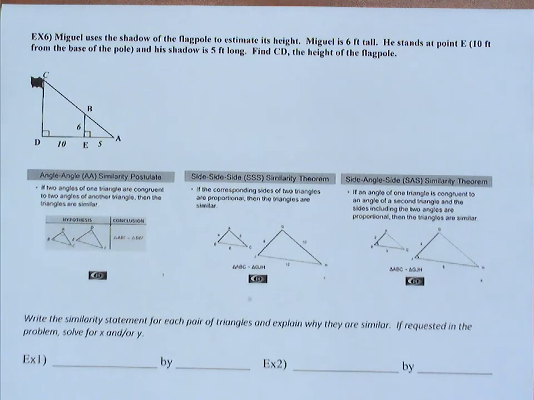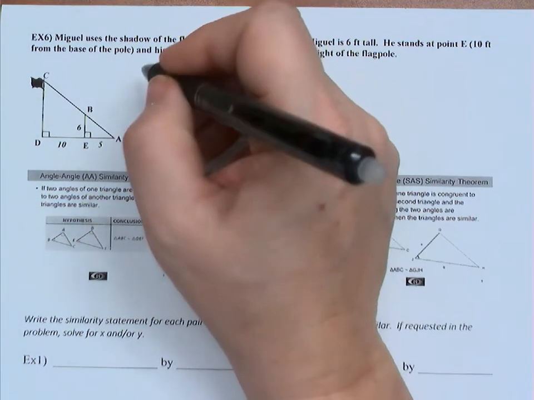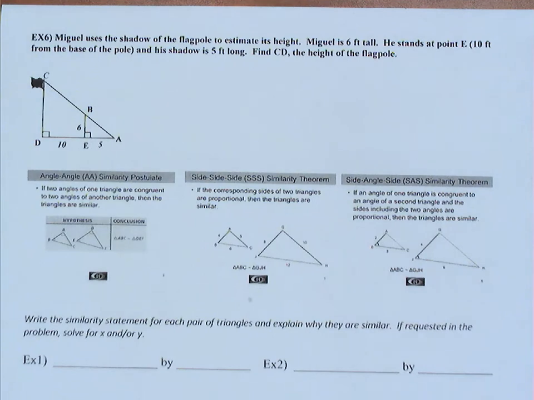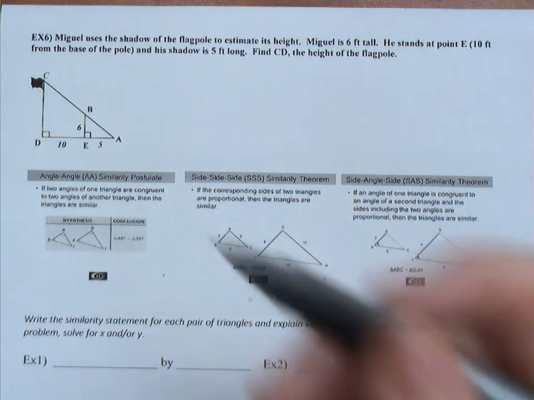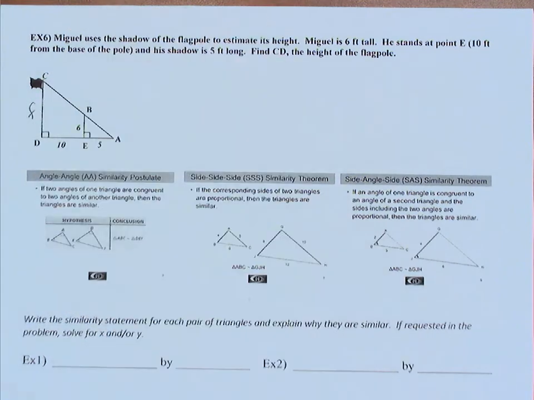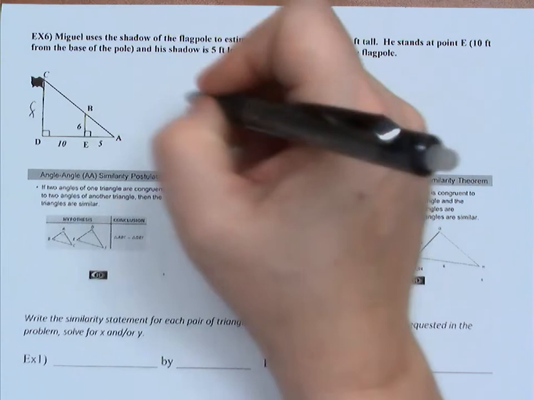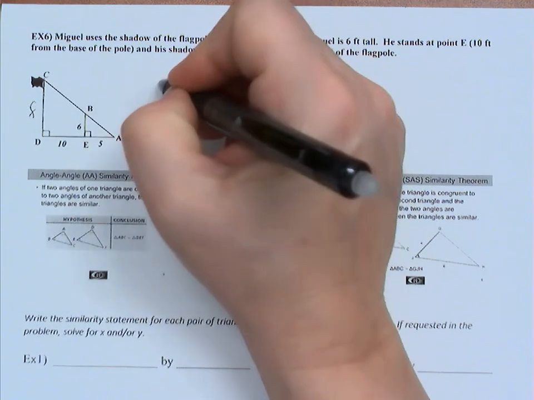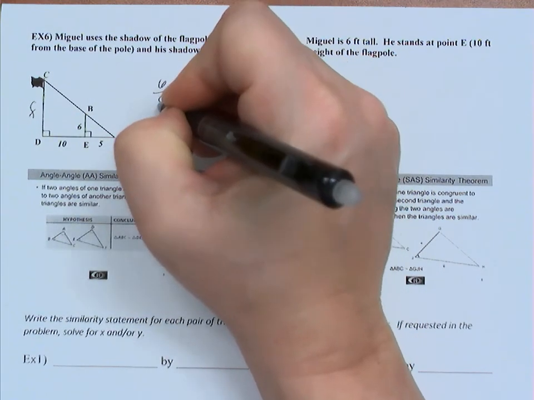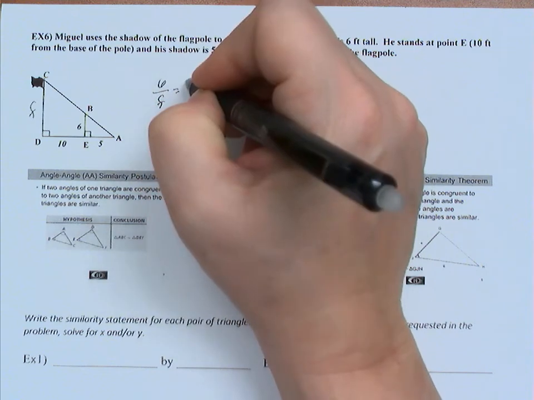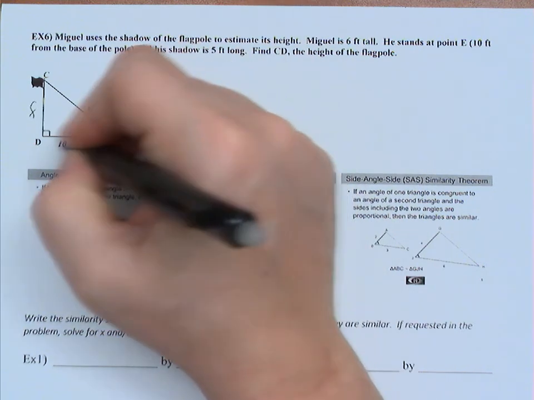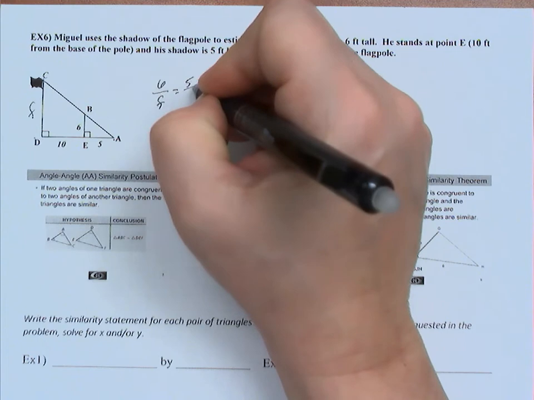So my triangles are similar, so I can set up a proportion. My proportion would look like, I'm going to call this F, instead of CD because it's the height of the flag. Then I'm going to say that 6 is to F as 5, this piece, is to the whole piece. 5 is to 15.